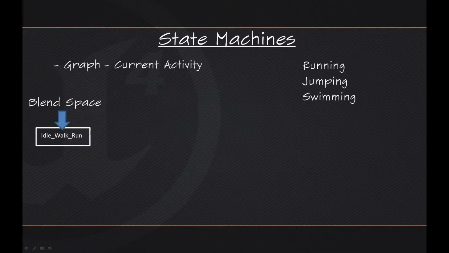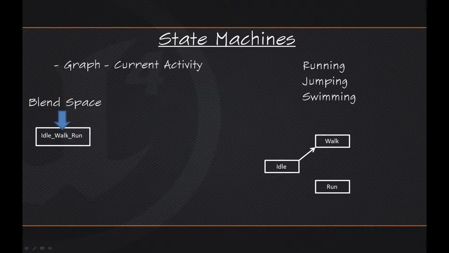Whereas if we had something more like this, say for instance, we had our idle state and then we had a walk and we also had a run. We could totally set up some rules and say, okay, when the character is moving at a speed that is greater than 95, then we want the character to start walking. As soon as the character's speed is greater than or equal to 375, then he could start running. And obviously when speed is 0, then he would go back to idle.